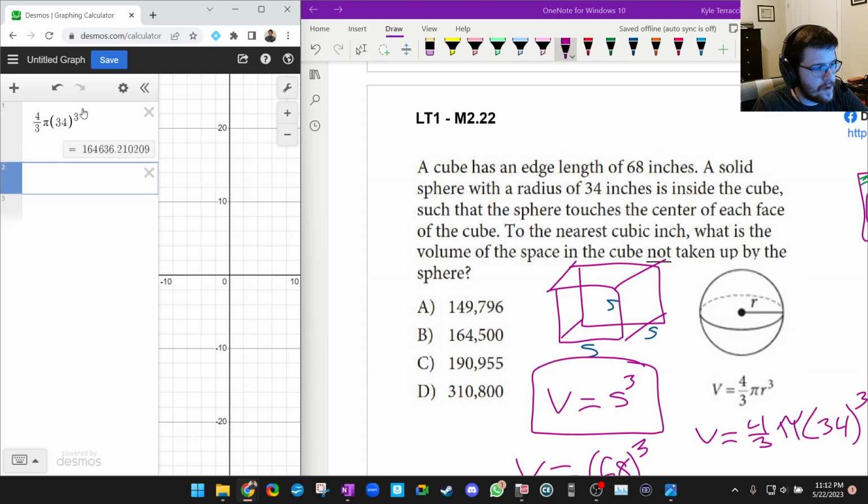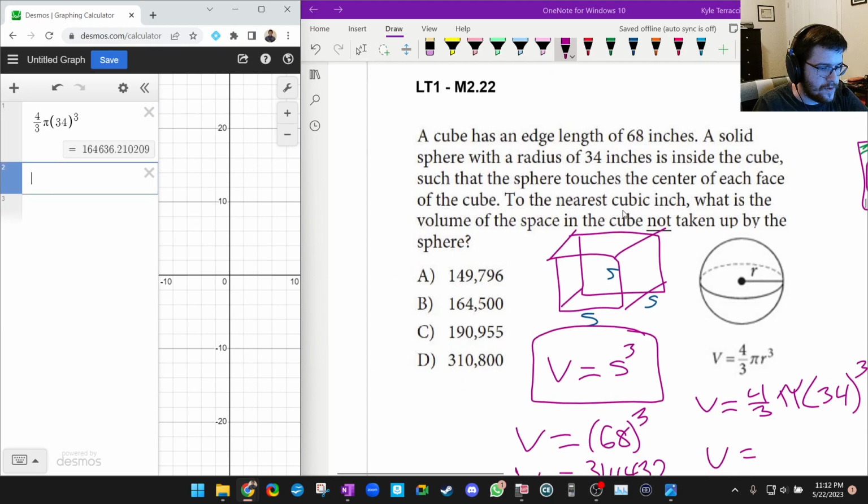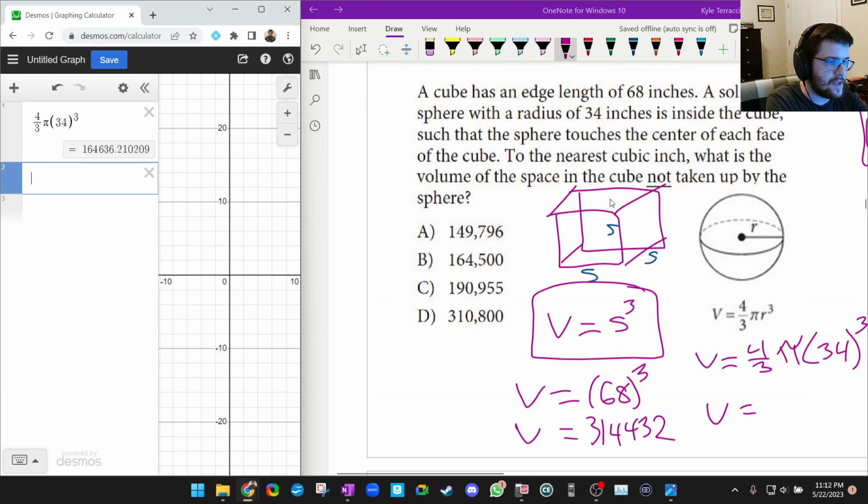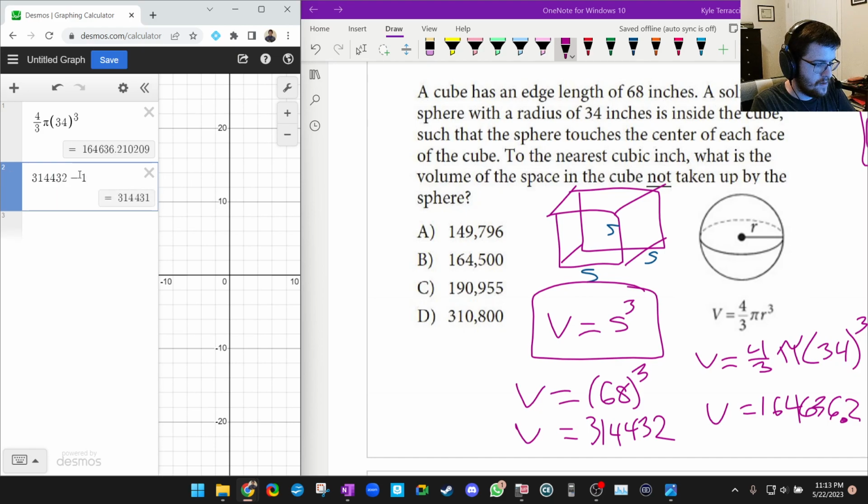Okay, let me jot that down, 164,... Okay, so now we're going to do the big thing, which is the cube minus 14975.8.